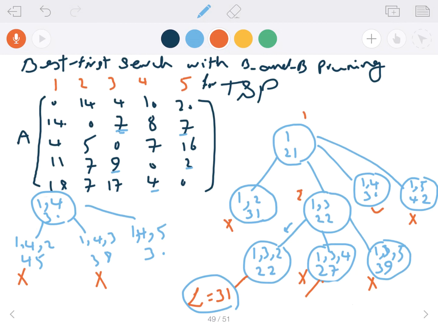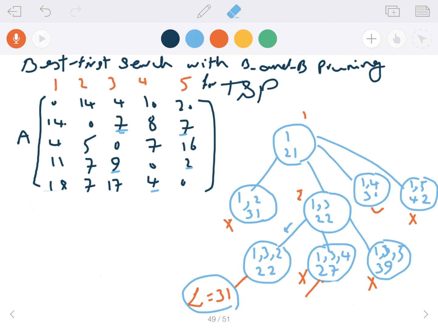So now the only node that we have here is the node 1, 4, and 5, with the cost of 30.